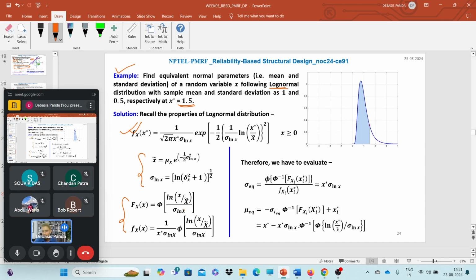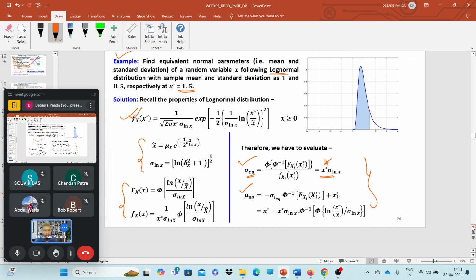Once we have all this information, we can easily find sigma equivalent and mu equivalent. For the log normal distribution, sigma equivalent equals x star times sigma ln x, where x star is the reference point based on which we do the equivalent normalization. Once we have these two values, we can calculate what the equivalent normal distribution will look like.